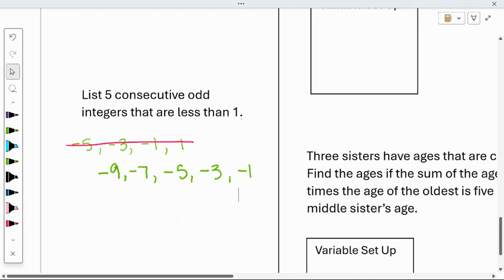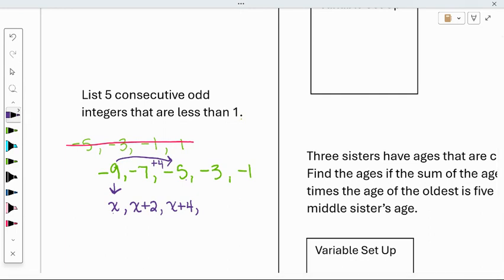So how are our variables going to be identified? x, and then x plus 2. Good job, x plus 2. And x plus 4. What do I do to negative 9 to make it equal negative 5? Plus 4, yes. We're just counting by twos. So what's the next number?